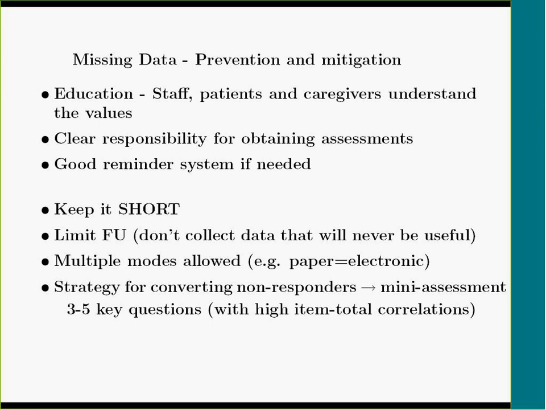Targets your endpoint. So let's say depression was your primary endpoint. Just pick one question out of that questionnaire and think about that. I'll talk a little bit about how you would use that in your analysis. But if you have one question that has a fairly high item correlation, it tells you something about what that ultimate score would be if you had been able to ask it.